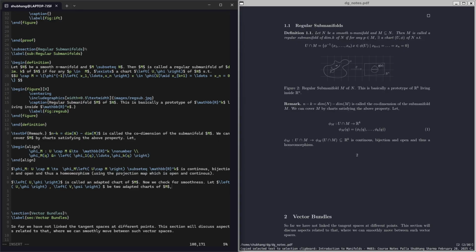Okay, so what we want is phi_m composed with psi inverse from phi of U intersection V intersection M to psi of U intersection V intersection M, and we need to show that this is smooth. This is a subset of R^k, this is a subset of R^k, right?